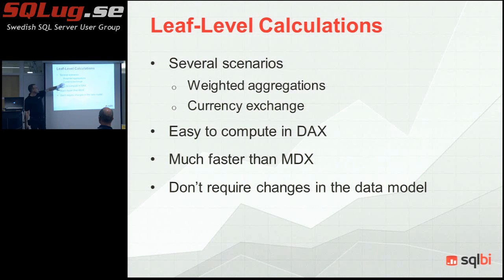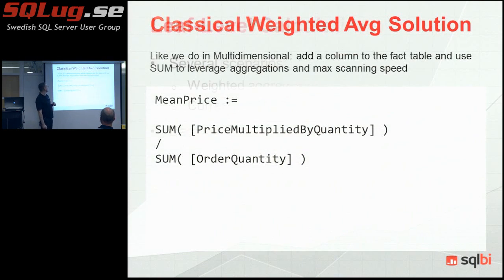Even if currency exchange is not very easy and not very intuitive, the formulas that you need to write need to be studied in the correct way, because they really depend on the distribution of values and on the kind of formulas that you want to write. So it's not very easy to write the correct DAX code, but once you have it, it is much, much faster than MDX. So you can use currency exchange and your customer will be happy. In multidimensional, currency exchange is always a pain. And moreover, all these calculations don't require changes in the data model.